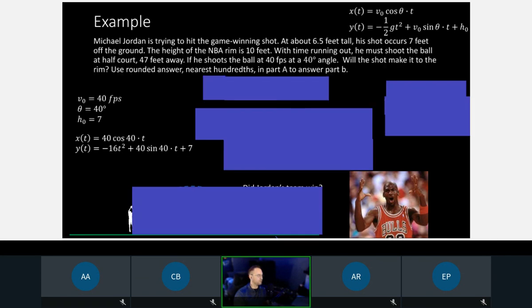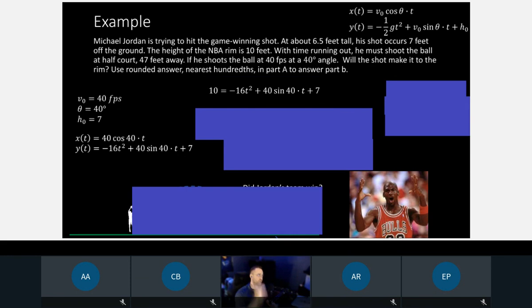All right, so same idea. We write down what we know, but this time we're going to find the time it takes for the ball to get to 10 feet in the air, vertically. So for this problem, we need to subtract 10 from both sides.